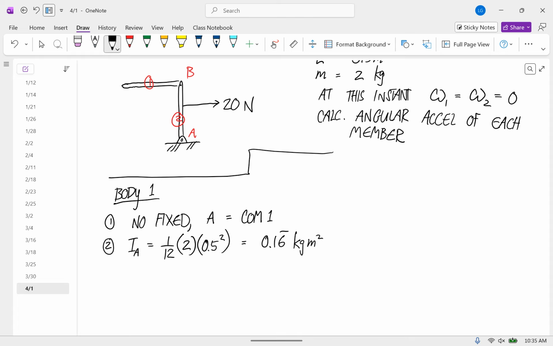Nope, that is wrong. This is 0.0416 repeating, and this is kilogram meter squared.